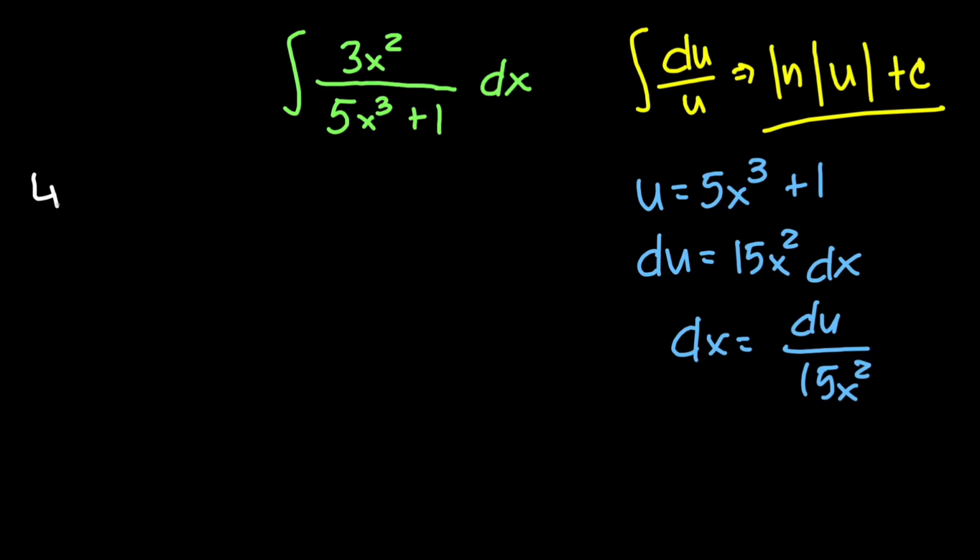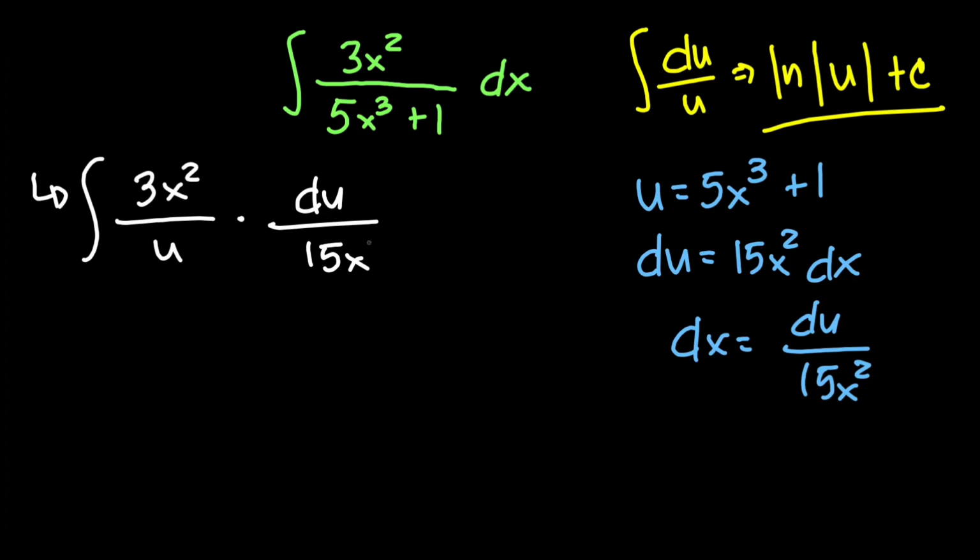Substitute the values. This would be equal to the integral of 3x squared over u multiplied by dx, which is equal to du over 15x squared. The x squared will cancel each other out. 3 over 15 is the same as 1 over 5.